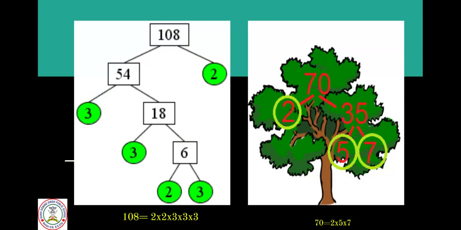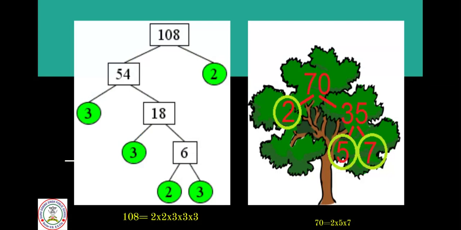Now we will see the factor tree method for 108. At first, we will split 108 into two numbers, 54 and 2. As 2 is a prime number, circle this. Now 54 splits again into two numbers, 3 and 18. 3 is a prime number, so circle it.